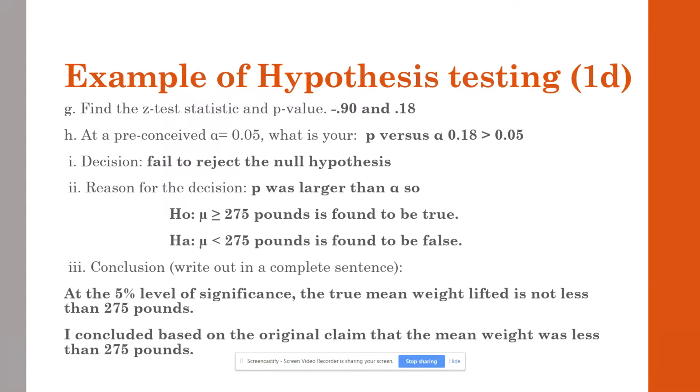At the 5% level of significance, the true mean weight lifted is not less than 275. What does that mean? It means that the mean weight was either equal to or greater than. And you're probably looking at the data going, but it was less than that in the sample. Yeah, but it all has to do with the population standard deviation. It has to do with how the data is spread out in the population compared to how the data is in that sample.